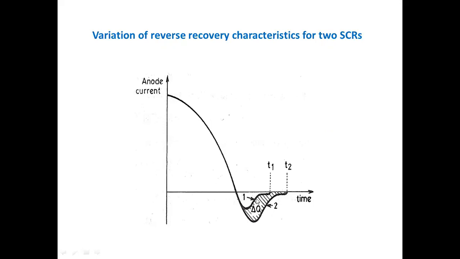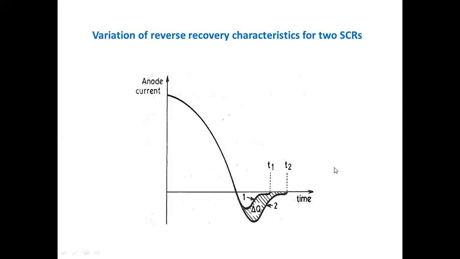After that, it should move towards SCR2. That is the difference. This is the total area of the reverse recovery charge of the two SCRs. This is about the reverse recovery characteristics.